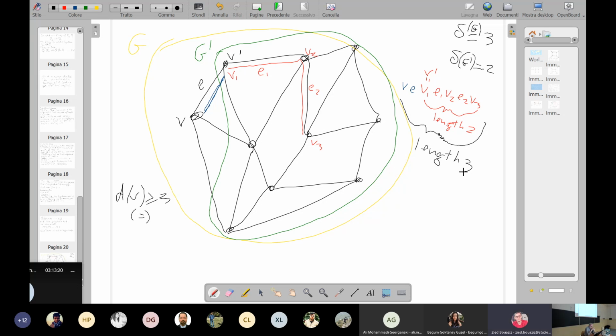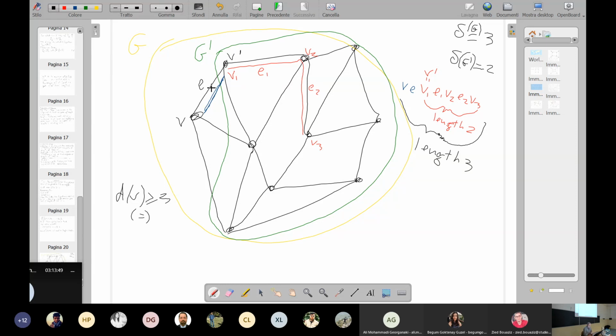You must adapt your reasoning to what you can know, and what you can know is the inductive hypothesis. Here you don't see anything, but the inductive hypothesis says, okay, in V prime, there surely starts a path of length 2. Then I add VE and I get a path of length 3, okay?